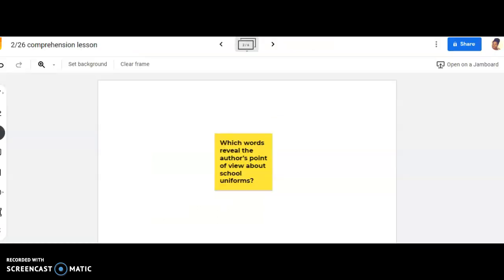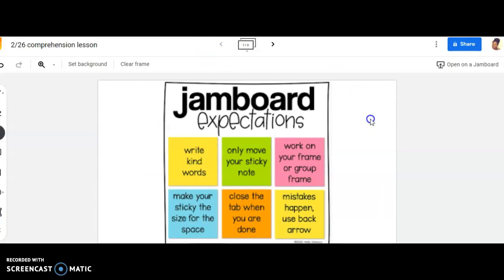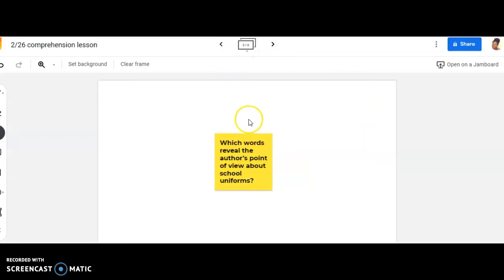You don't have to read both the link and the screenshots because it's the same book. After you have read today's text, you're going to come over to this Jamboard. Before the first question, we have our Jamboard expectations that we went over yesterday, so please keep those in mind. The first question on frame 2 says, which words reveal the author's point of view about school uniforms? So you're going to take certain sentences, words, or phrases from that text that you just read to answer this question. And then there's a blank slide for extra space.